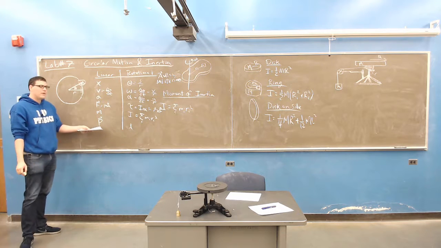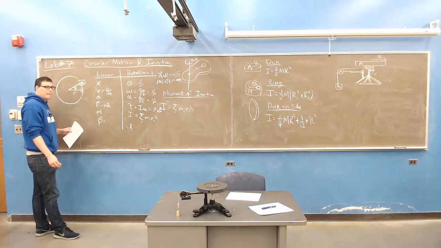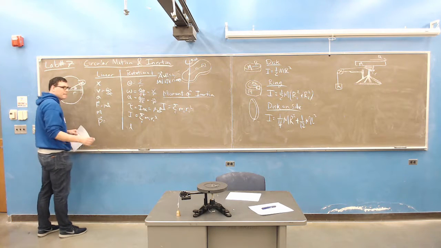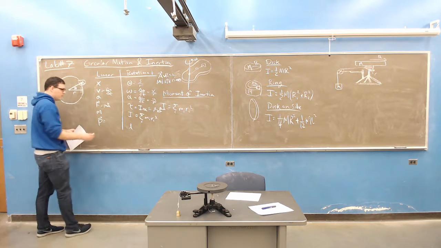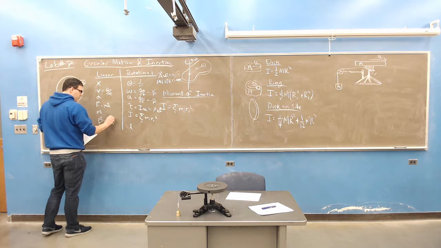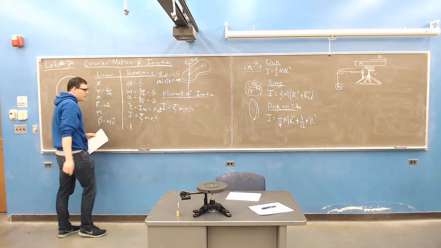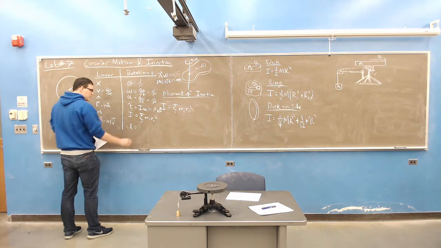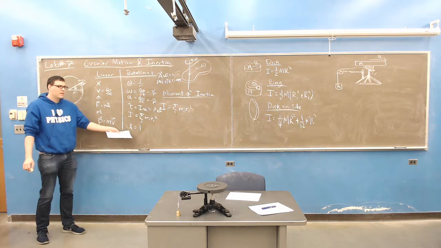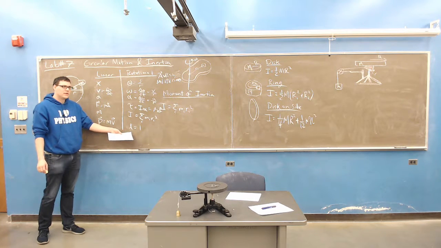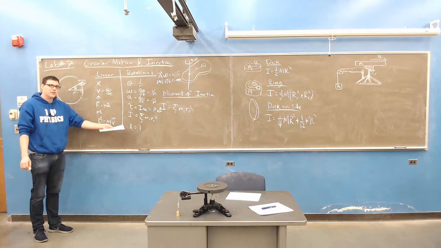Last week we talked about momentum. Momentum is equal to mv, right? Mass times velocity. So we have an angular momentum, which we call L. What's analogous to m in rotation?